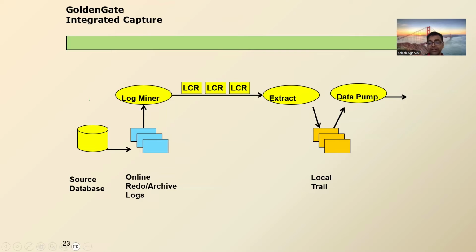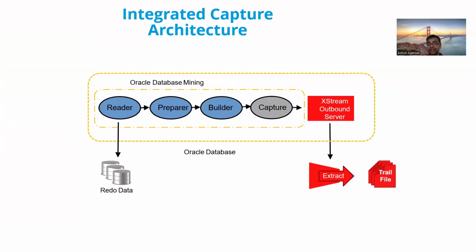And even if you look at the architecture of integrated extract, there are multiple processes which run individually. Internally, when your integrated extract is created and you register it to the database, if you look at the number of processes at the database level, you will find four individual processes: reader, preparer, builder, and capture.